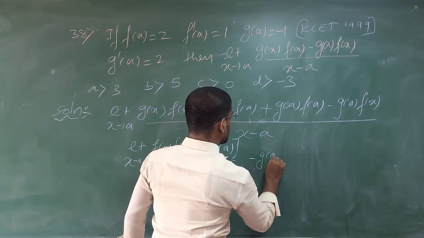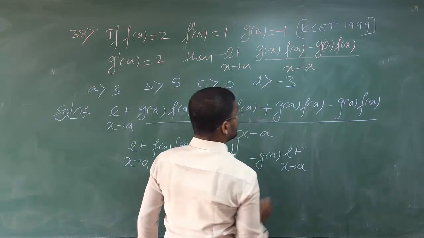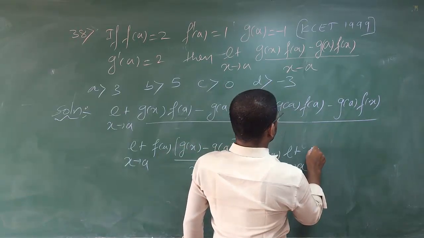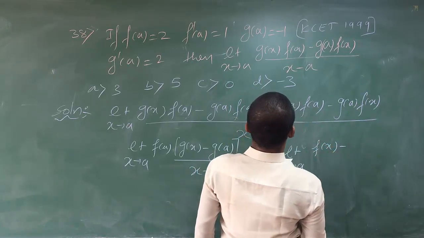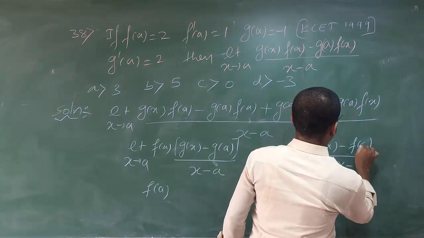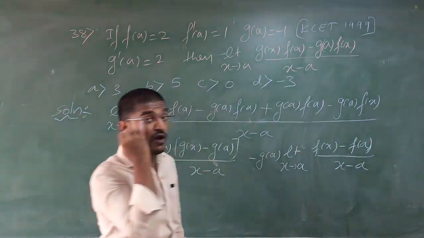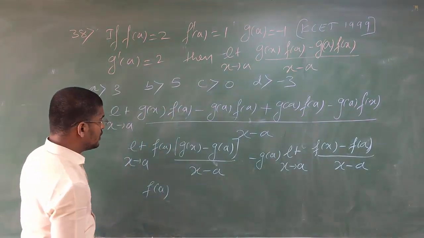Minus g of a is common. Limit x extending to a. Then you are going to have f of x minus f of a, because I have taken minus g of a as common.